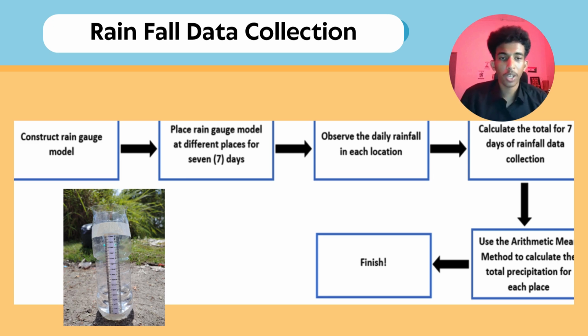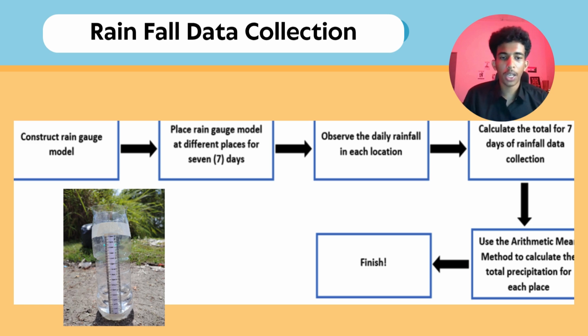Then, we placed the rain gauge in different locations for 7 days. Each day, we recorded the amount of rainfall at each location. After a week, we calculated the total rainfall collected over the 7 days.